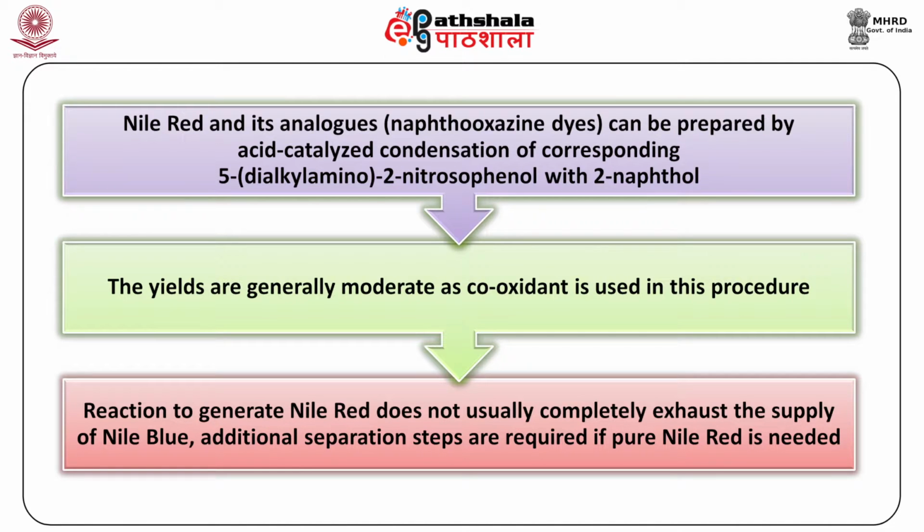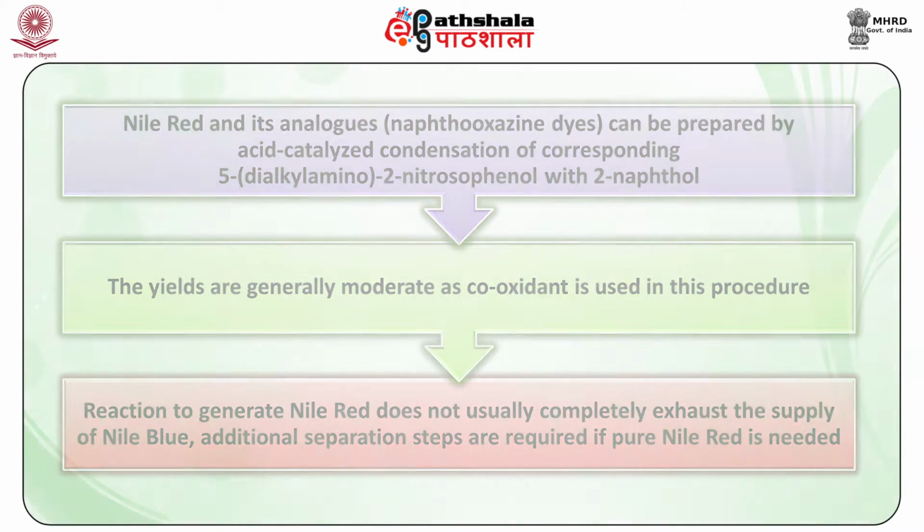The yields are generally moderate as no co-oxidant is used in this procedure. Since the reaction to generate Nile Red does not usually exhaust the supply of Nile Blue, additional separation steps are required if pure Nile Red is needed.